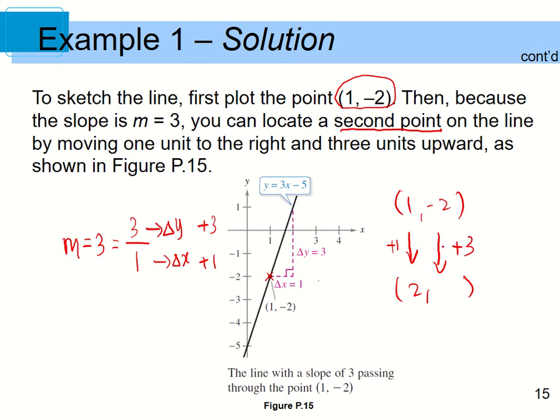Negative 2 plus 3 is 1. So we have this point, another point here. And we can use these 2 points now to sketch the graph. This is how we use the slope and the point to sketch the graph.